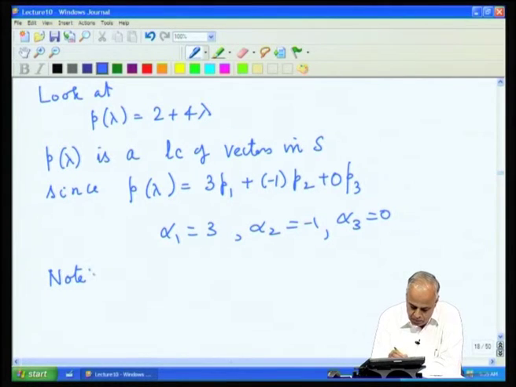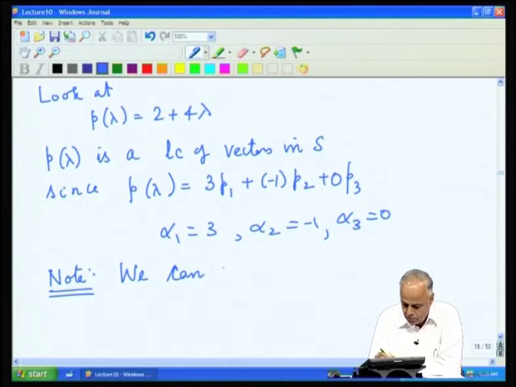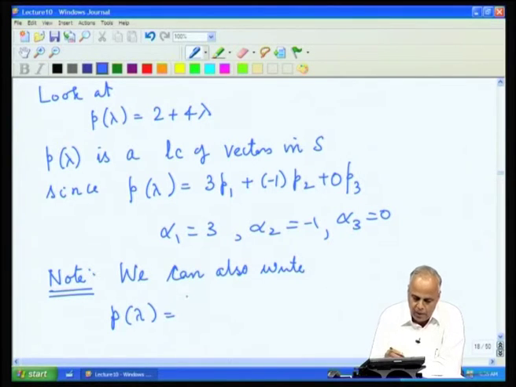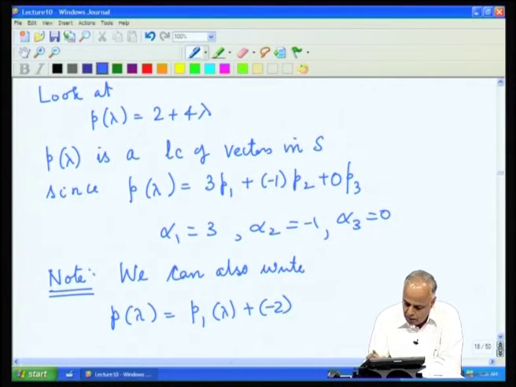Note, we can also write the above P lambda, namely this polynomial 2 plus 4 lambda, as P1 lambda plus minus 2 times P2 lambda plus 1 times P3 lambda.